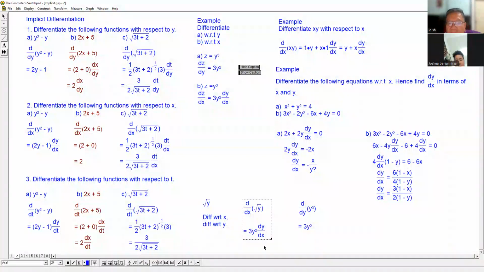It's not this anymore, right? You show me how to differentiate square root of y. Now you show me how to differentiate square root of y with respect to x and with respect to y.